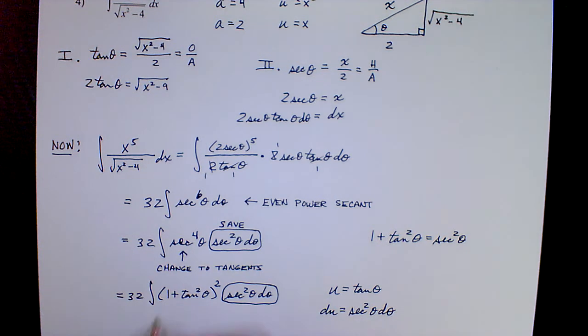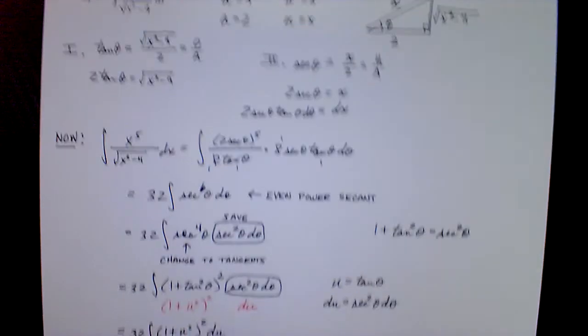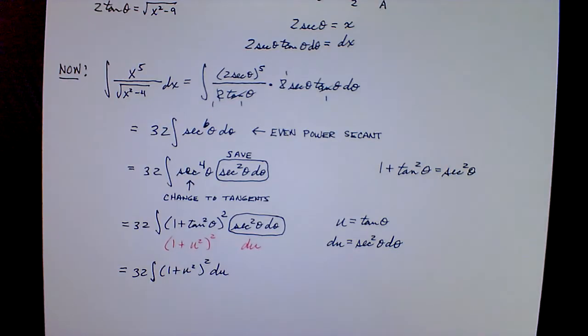So change of variables. Here's 1 plus u squared, the quantity squared, and identically our differential du. So 32 integral 1 plus u squared, quantity squared, differential du. Okay, we've got to square that 1 plus u squared.